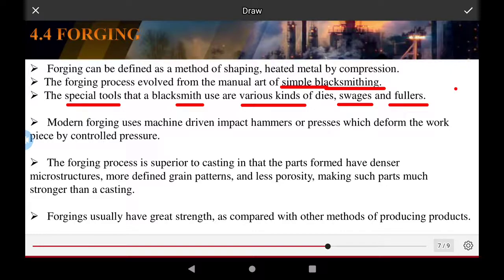Modern forging uses machine-driven impact hammers and presses, which deform the workpiece by controlled pressure.